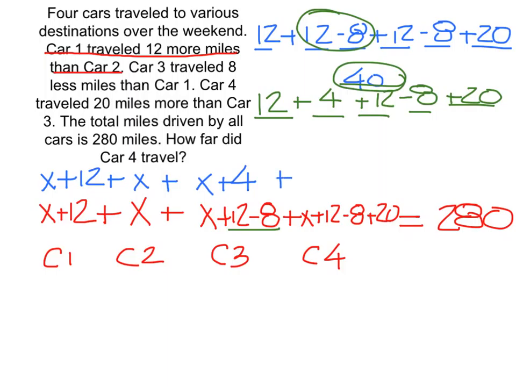What could we do here for car 4? What's 12 minus 8? 4 plus 20, 24, and then equals 280. How many x's do I have in here? 1, 2, 3, and the last one I left out, didn't I?